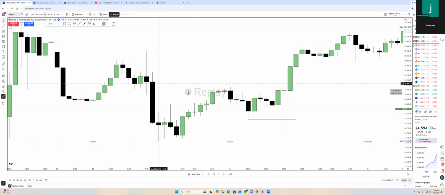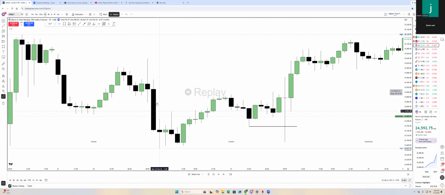The best thing to understand first is a liquidity sweep. Once you understand liquidity sweeps and what makes the market reverse, then you can understand where you need to get in and where you need to get out, and everything else will go along.